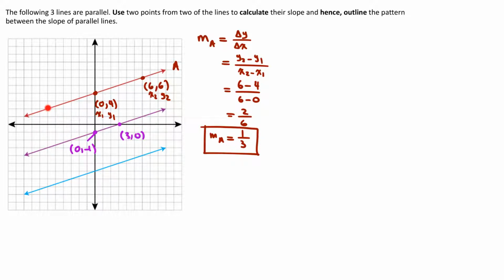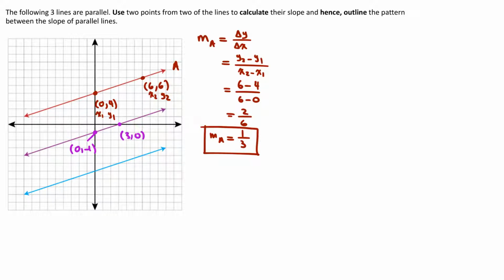You could have chosen a point here, you could have chosen a point here. It really doesn't matter. You just need to make sure you choose a point which lies on the coordinate system, and try not to do an estimation of 1 over 3 or anything along those lines. Just choose ones that are actually on the coordinate system.